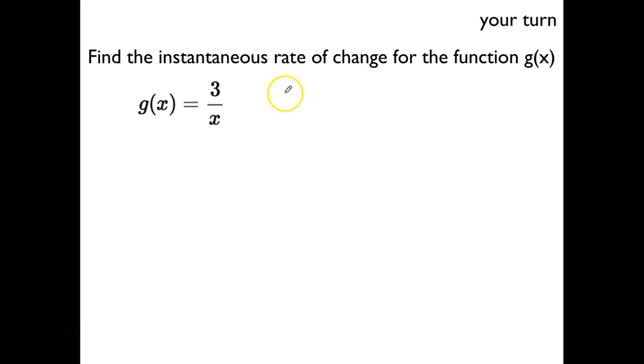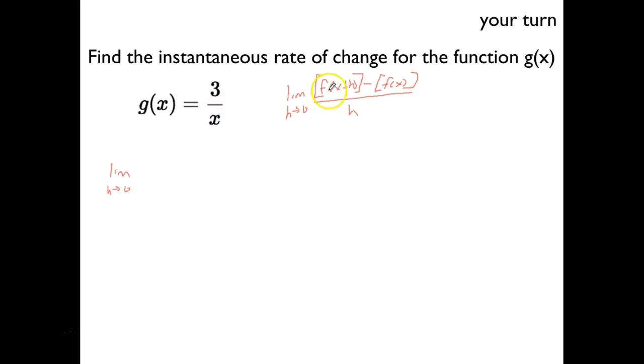Okay, so we're going to do the same thing. The limit as h approaches 0 of f of x plus h, and I'll put all this in brackets so you can denote what I'm doing here, minus f of x all over h. Okay, so we're going to have the limit as h approaches 0.